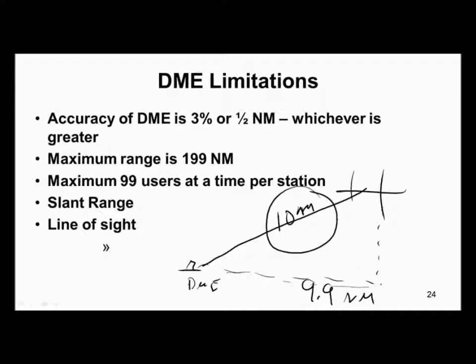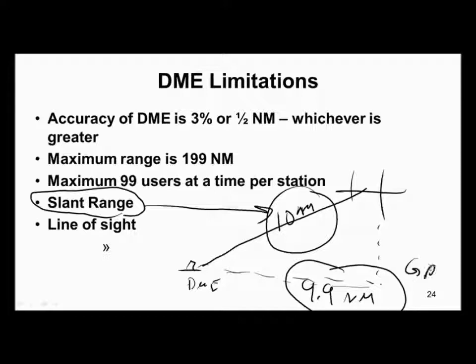This is called slant range, and that's what you read. You don't worry about it. If that's what it says on the approach, it's taking that into account, and you fly it. If there's a little bit of difference, now what if you have GPS? Guess what? Your GPS distance is going to be this down here. But the difference is so little, we don't care.